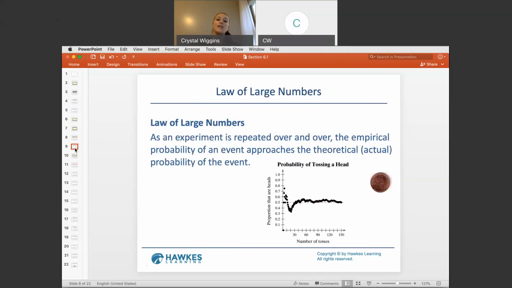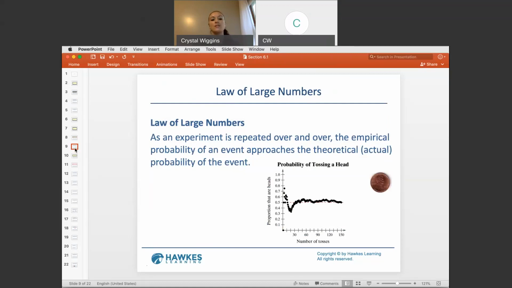So, if you had a coin in your hand right now and you tossed it 10 times, how likely would it be that exactly five, half the number of tosses, are heads, and exactly five, half the amount of tosses, are tails? Honestly, it's probably unlikely. You would toss 10 times and you might get eight heads and two tails. You might get all heads or any combination of the possibilities.